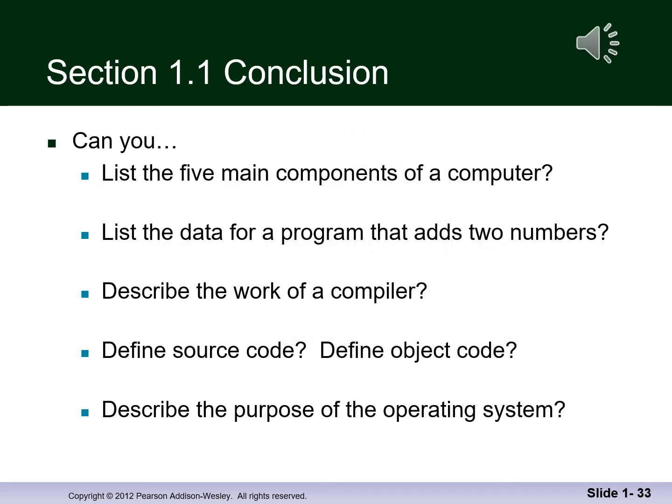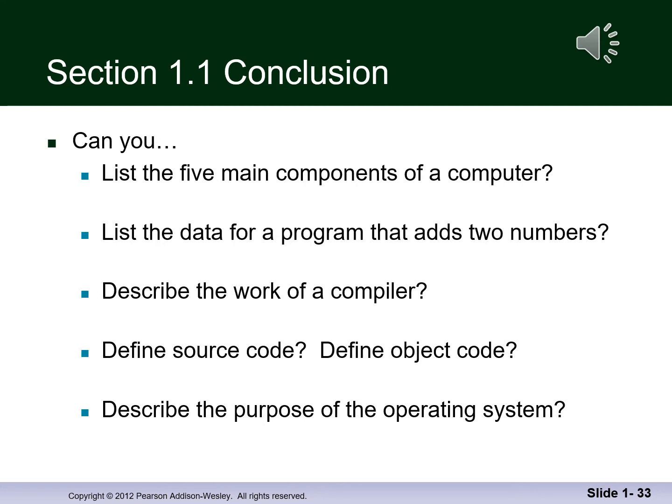This is the conclusion of section 1.1, not the conclusion of the chapter. This is a basic overview of concepts you should be aware of before we start talking about programming. Here are some questions you should ask yourself. Can you list the 5 main components of a computer? Can you list the data for a program that adds 2 numbers? Can you describe the work of a compiler?